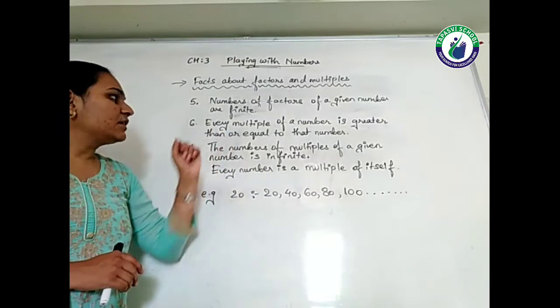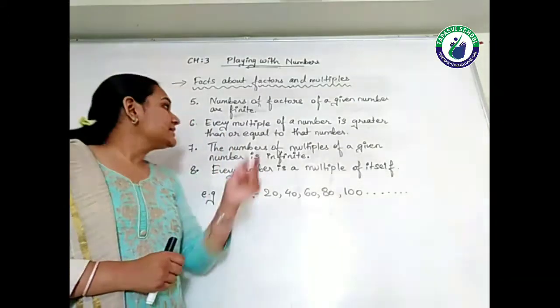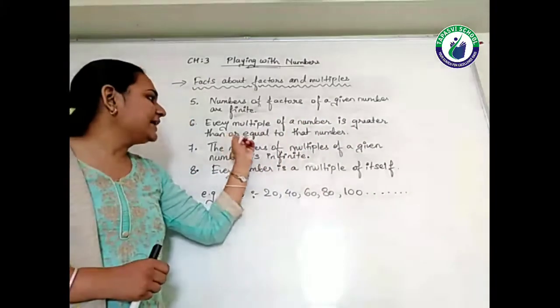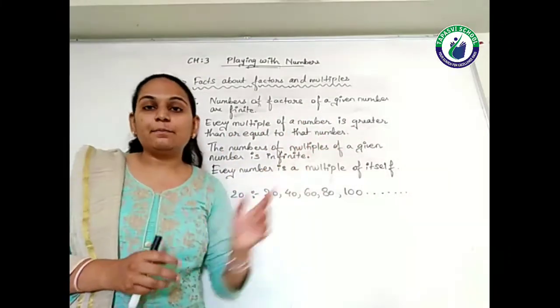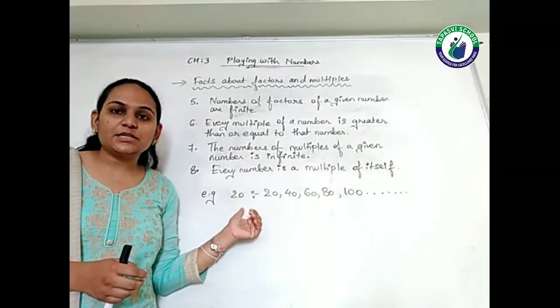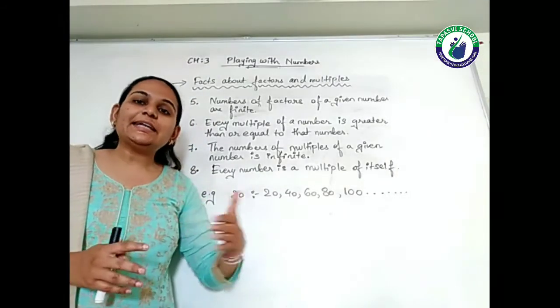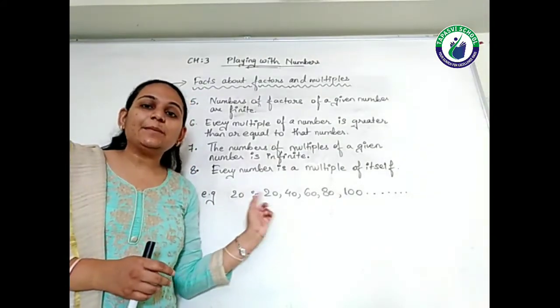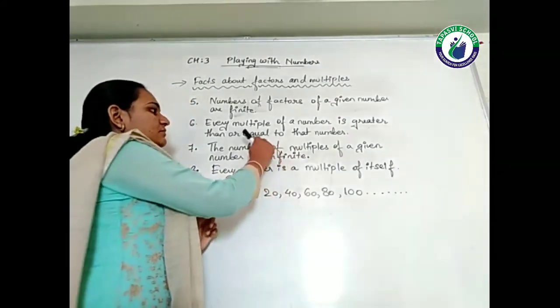Okay, sixth fact about multiples, that is, every multiple of a number is greater than or equal to that number. What does this mean? For example, if it is 20, and I start writing the multiples of 20, students, see, the starting is with 20, that means it is equal to.